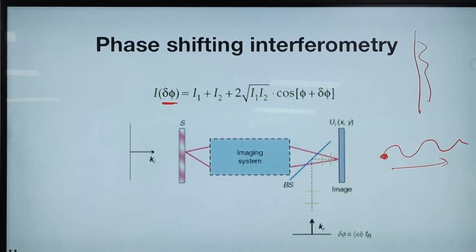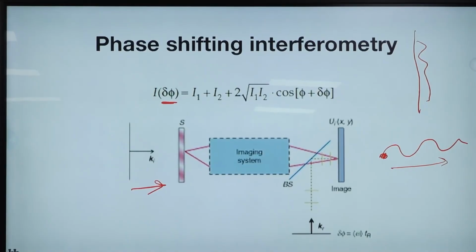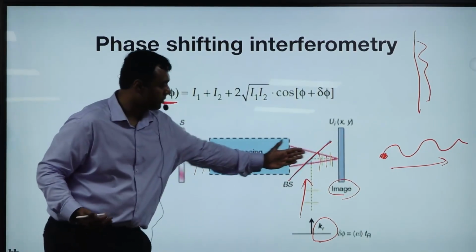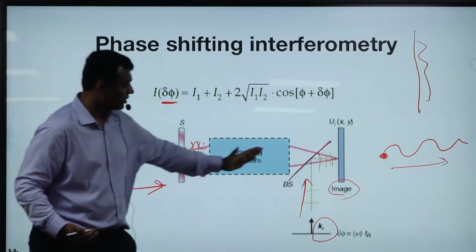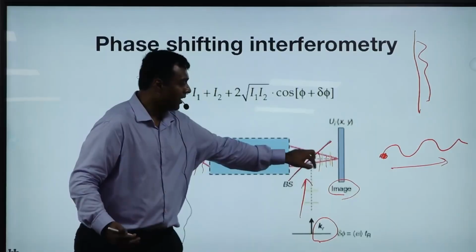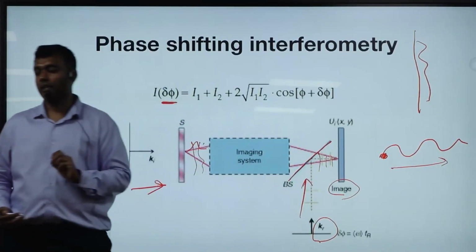And here, what we are doing is light is incident on the sample. It goes to the imaging system. Apart from the light coming from the sample, you introduce a reference field. You put something like a beam splitter at this point, with a reference beam incident perpendicular. You combine the two and then create an image. So you take the light from the sample which goes to the imaging system, take a reference, add the two, interfere the two, and then capture the image.